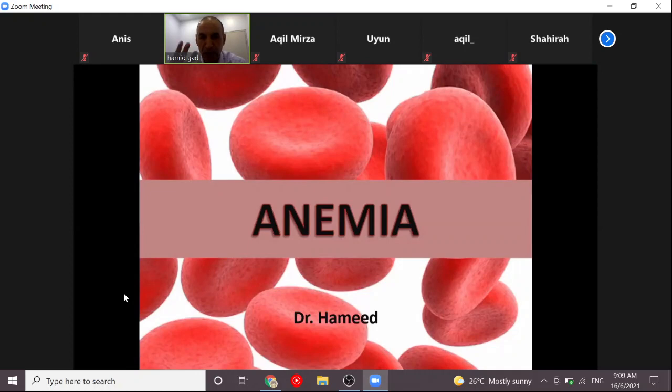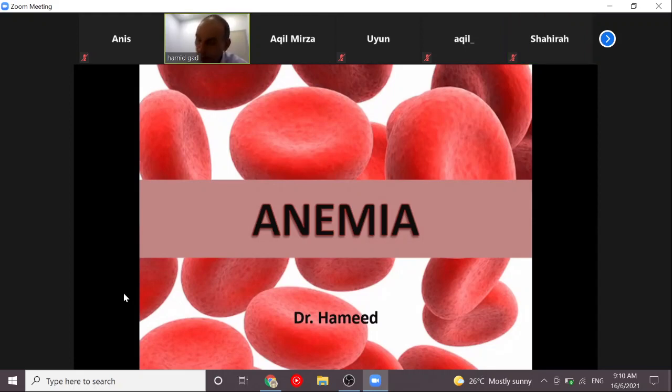In the globin chain, we have 4. Each hemoglobin has 4 globins. What's the normal hemoglobin in adults? What are the types of hemoglobin you know? HbA. Okay, hemoglobin A. HbA2, HbF. HbF plus one more.